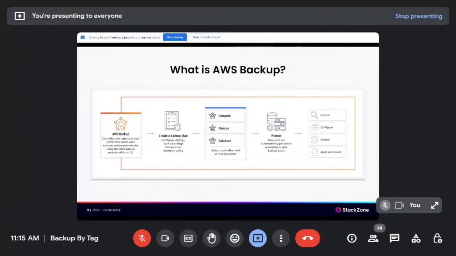With StackZone, the way we deploy this is through CloudFormation and a lot of automation, meaning that any account which is StackZone managed receives the same resources in all the regions that you configure this to.